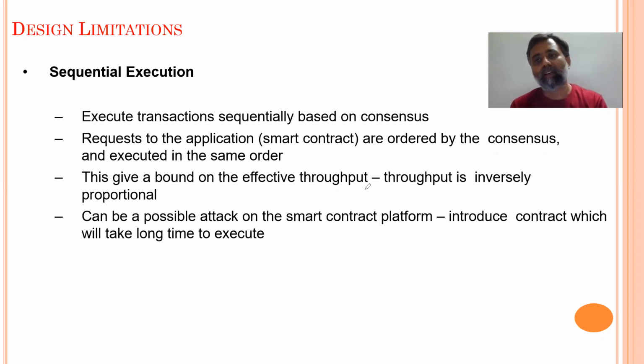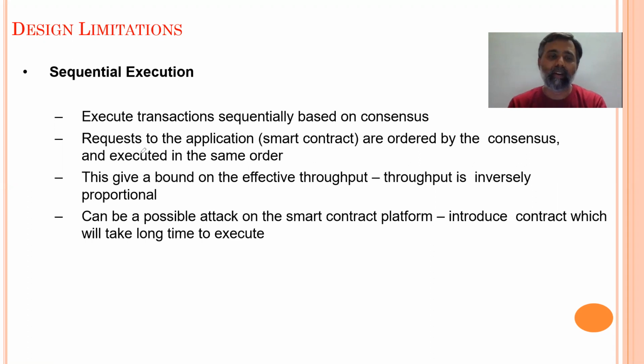As we know that in PoW, that is in the permissionless model, the transactions are received by the miner, and after the successful mining of the challenge provided by the network, the transactions are added to the blockchain.